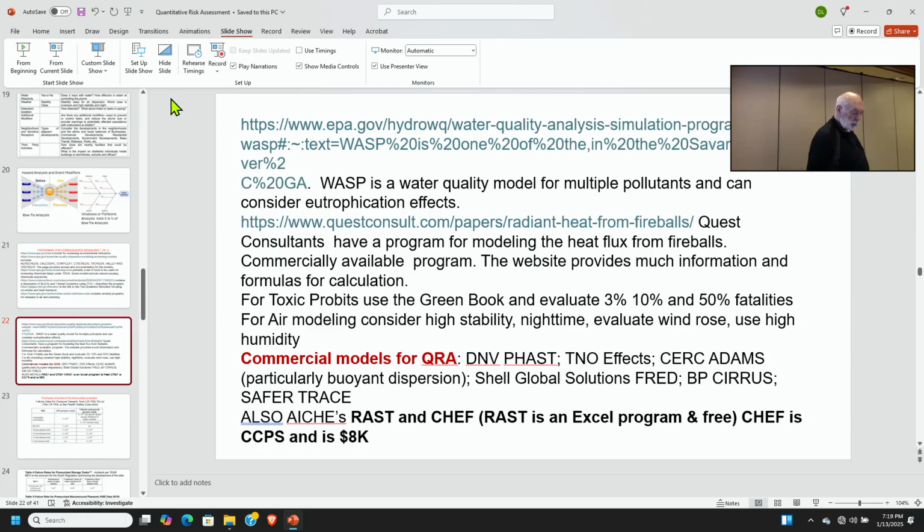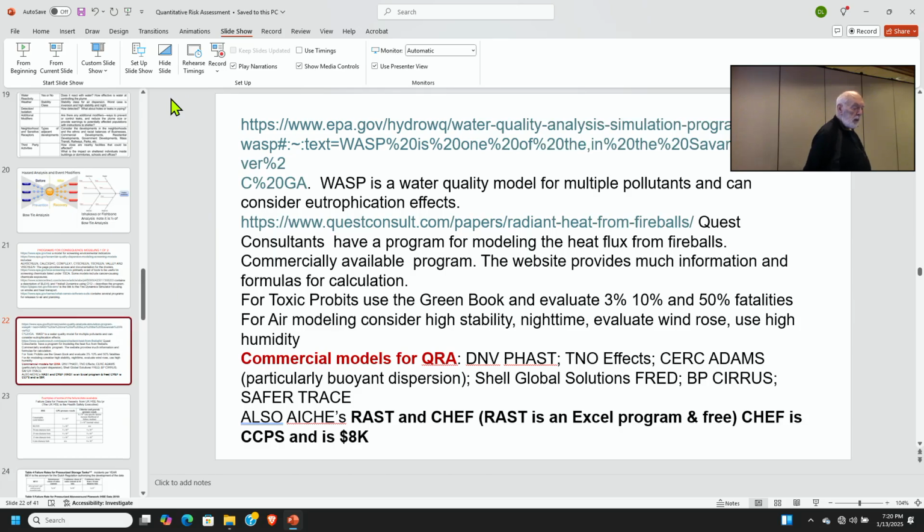And then for air modeling, consider high stability, nighttime evaluation, wind roses, use high humidity. The thing is that a lot of these events generate air releases. It's the air releases that impact the people that cause a lot of the problems. There are commercial companies such as DNV, FAST, TNO Effects, Circadams, and so on.